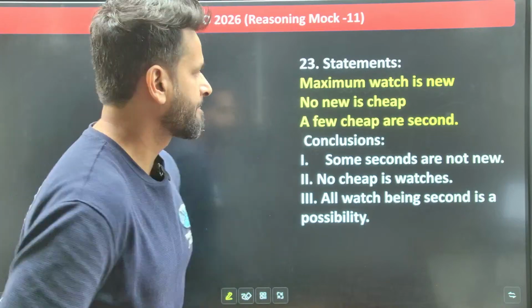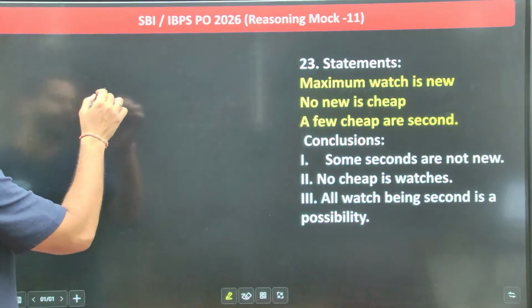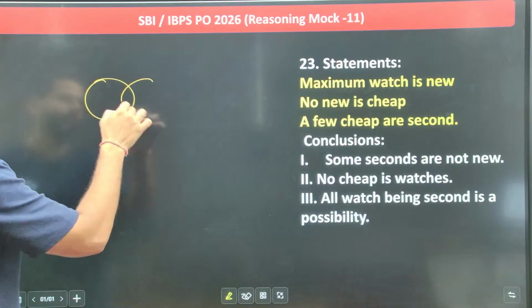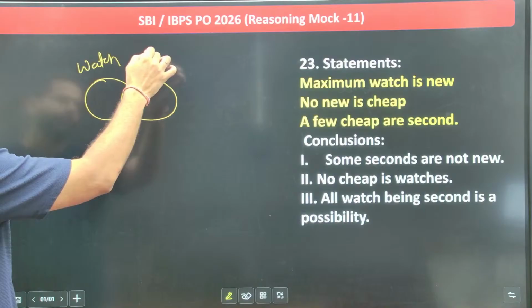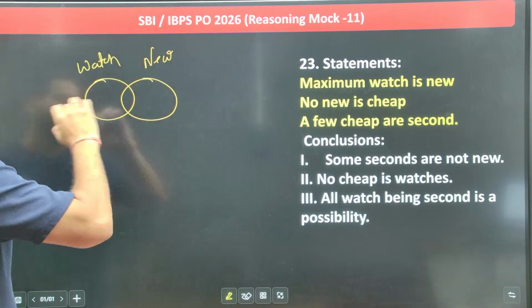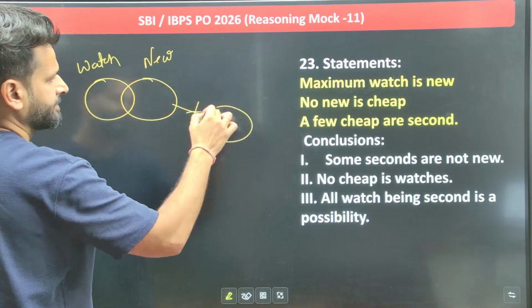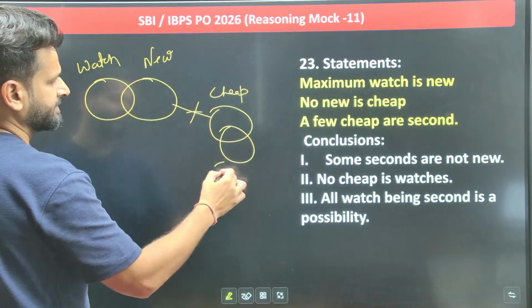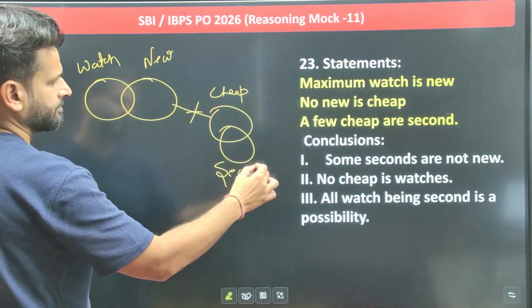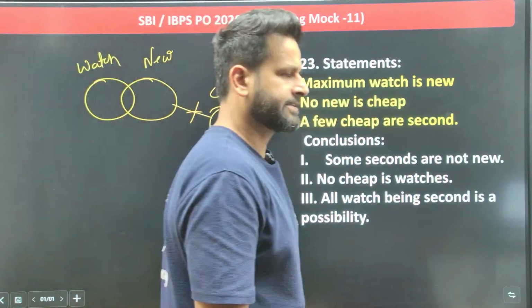Maximum, minimum, what does it mean? Sum. For us the meaning is sum. Watch is new. No new is cheap. Few cheap are second.